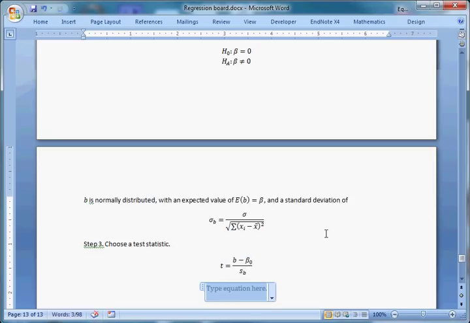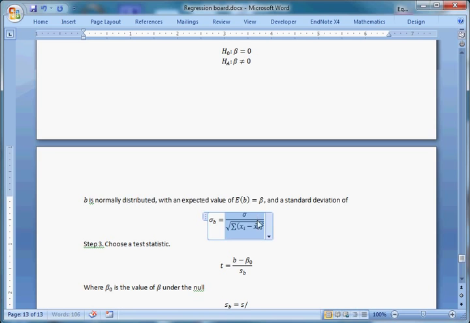where beta sub 0 is the value of beta under the null, and we have a formula for s sub b, which is going to be s divided by the square root of that whole thing.